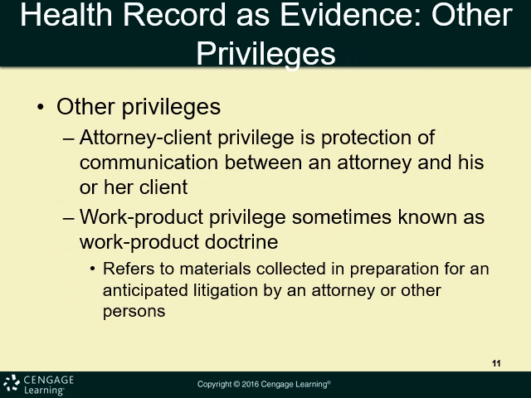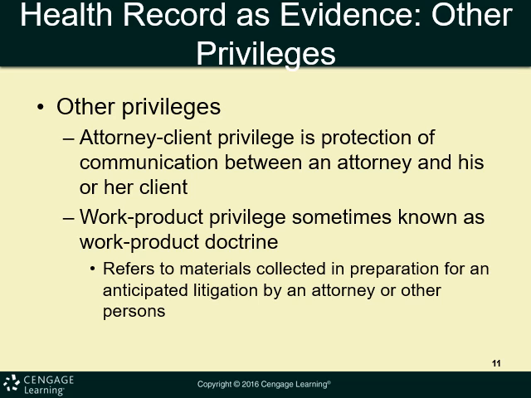In the context of health information, two other privileges are worth noting. An attorney-client privilege refers to the legal protection of communications between a client and her attorney made in confidence for the purpose of obtaining legal advice. On the other hand, we have a work product privilege, which is sometimes referred to as the work product doctrine.